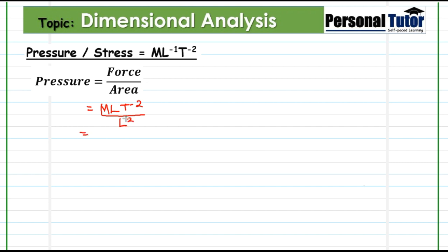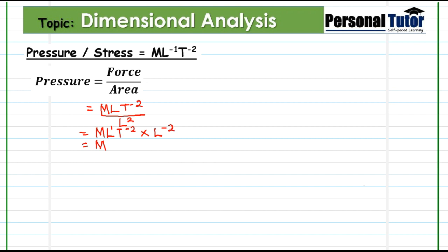Now with this, the L will join the numerator to be in linear form, and that will be MLT exponent minus 2 times L exponent minus 2. With the rules of indices, this M here carries a positive 1, while this L carries a negative 2.